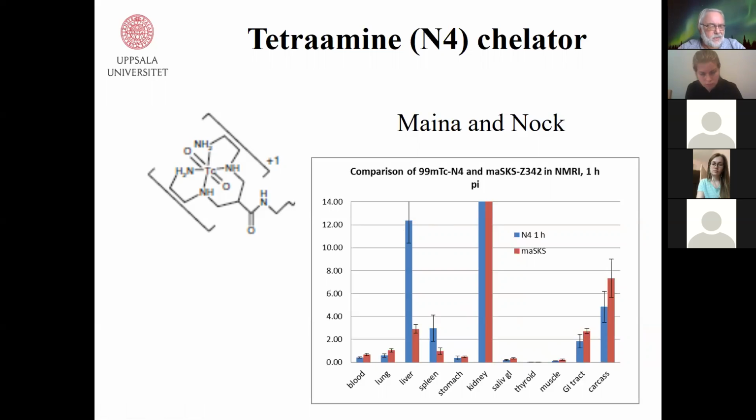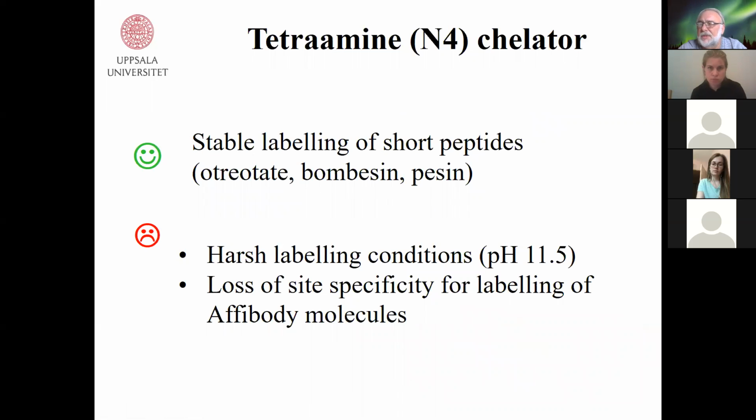Plus, we have a very strong suspicion that somehow we're losing site specificity in very harsh labeling conditions. Technetium can interact also with amides in the backbone of affibody molecules. So that method works for a number of peptides, but not for affibody molecules.